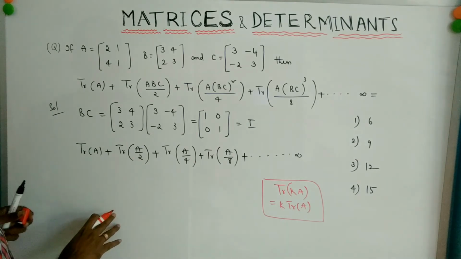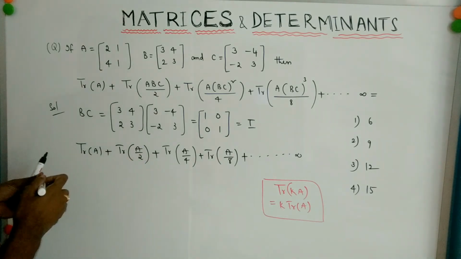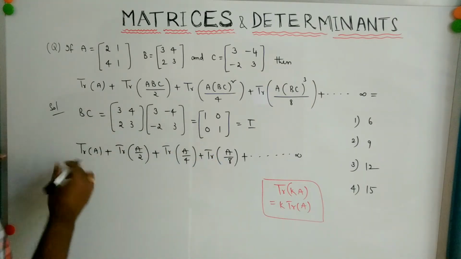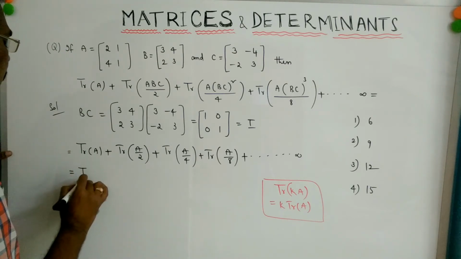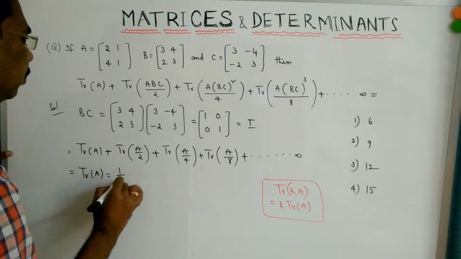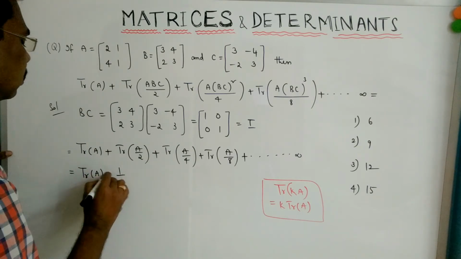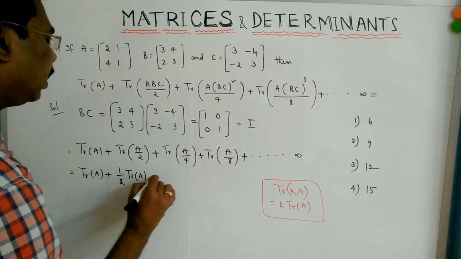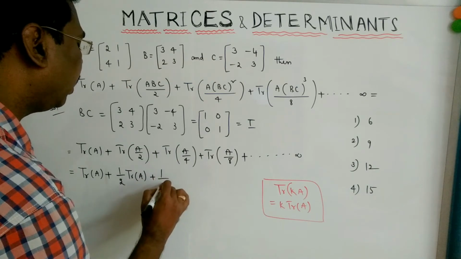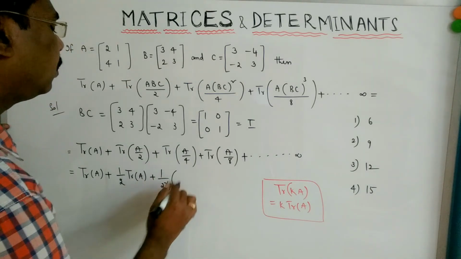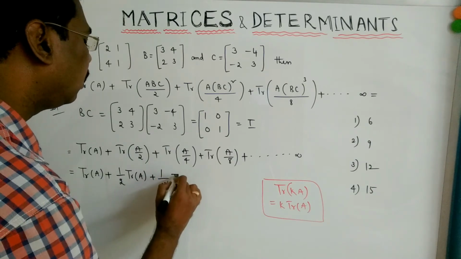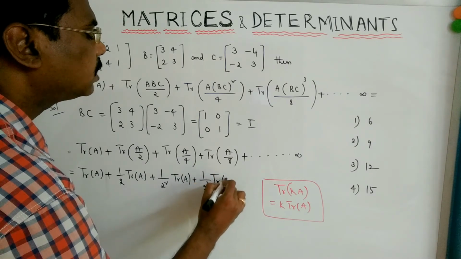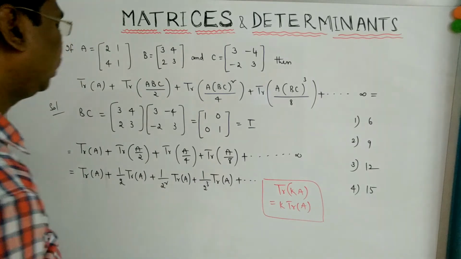Now trace of A by 2: 1 by 2 into trace of A. 1 by 2 square into trace of A. 1 by 2 cube into trace of A. Now trace of A plus 1 by 2 into trace of A plus 1 by 2 square into trace of A plus 1 by 2 cube into trace of A plus up to so on infinity.